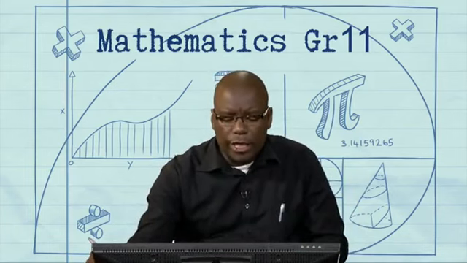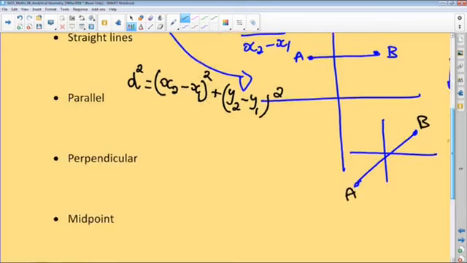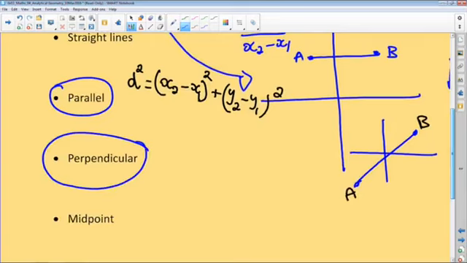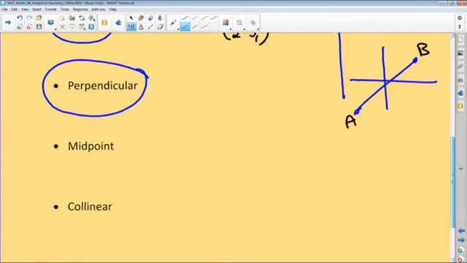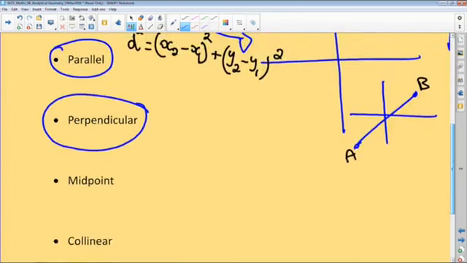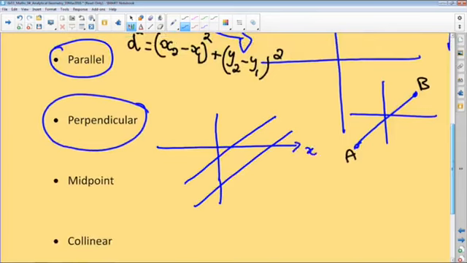And then with your straight lines, in this grade you'll be talking about parallel lines and perpendicular lines. We'll get to the activities just now. If I draw a rough sketch of these two lines, this is your x, that is your y, and this is line AB and there's also line CD.